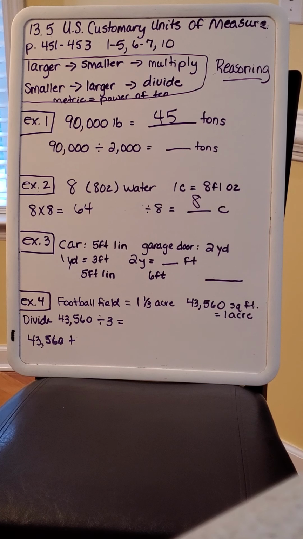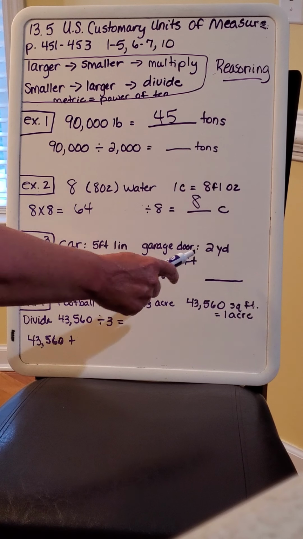Example 3, this is using length, the units of measure for length. So you have a car that is 5 feet 1 inch wide, and the garage door is 2 yards. So can it fit in there? So we have 5 feet and 1 inch, and then we have 2 yards.